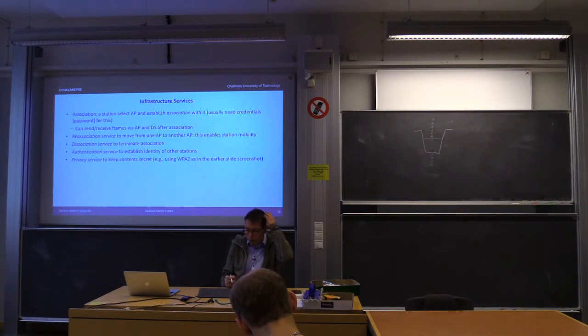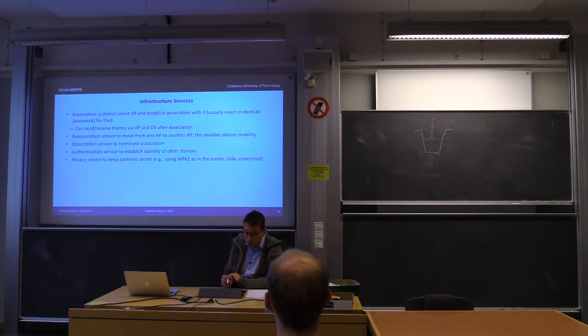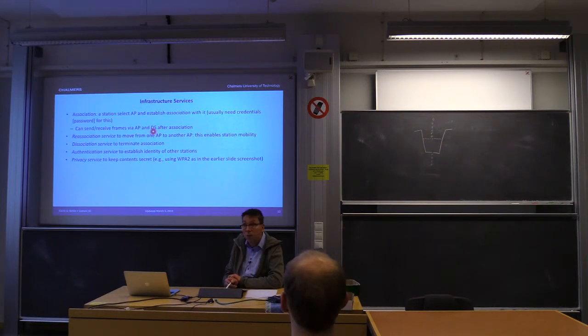So many networks at least, you need a network ID and password to do this. Once you have done the association, then you can start to send and receive frames from the access point, and via the distribution system, you might be able to access the internet also. There is a reassociation service, and that is when you move from one access point to another.